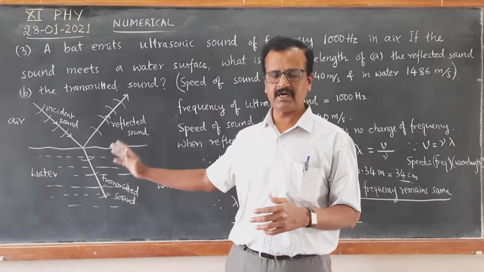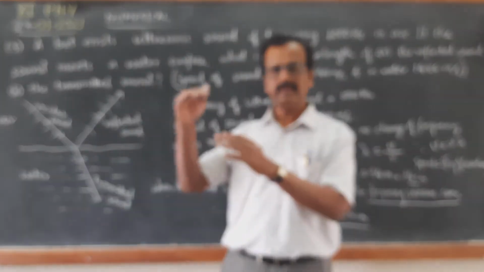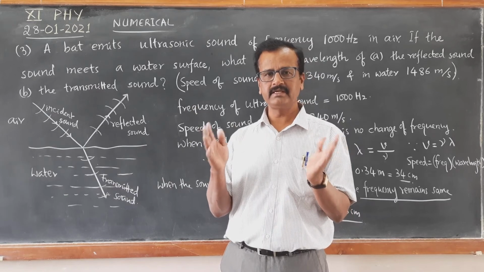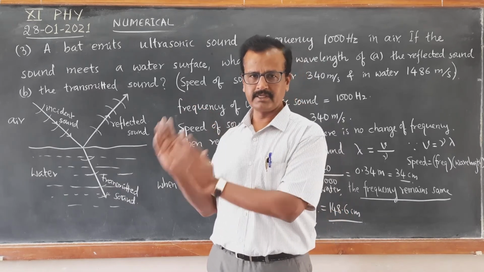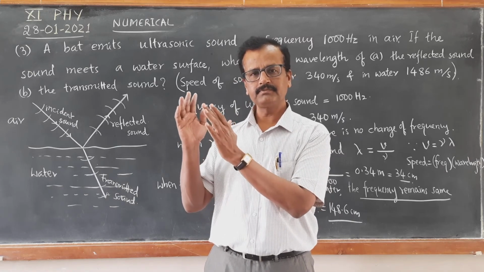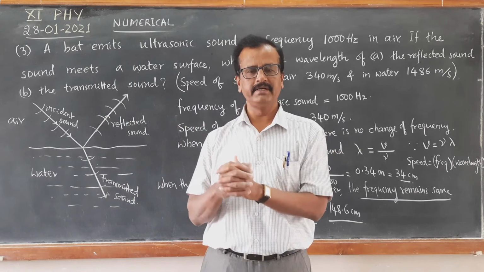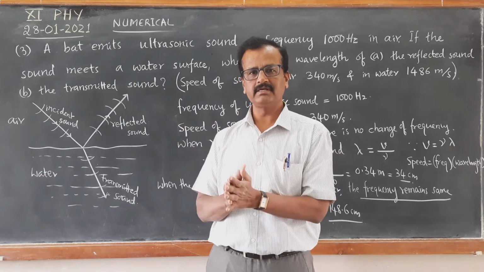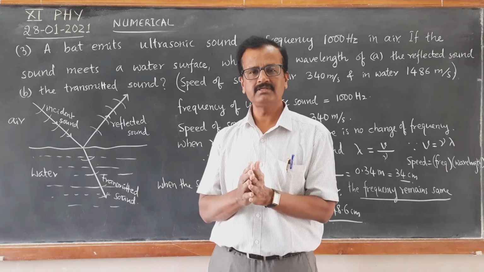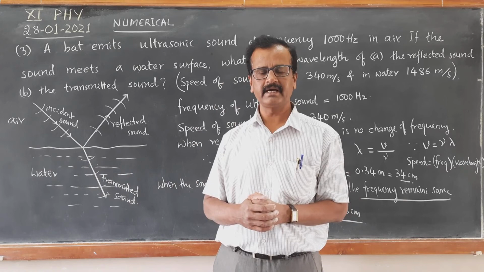Here in the case of sound, the speed of sound increases from air to water medium. The speed of sound increases from gaseous medium to liquid medium. Again, the speed of sound increases from liquid medium to solid medium. As the matter changes, the speed of sound changes because of elastic properties and inertial properties.